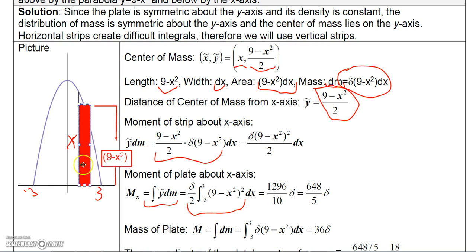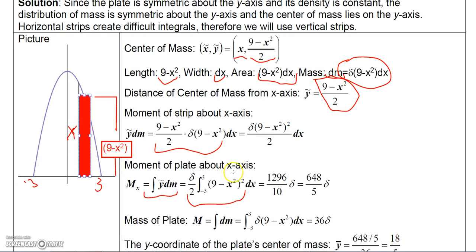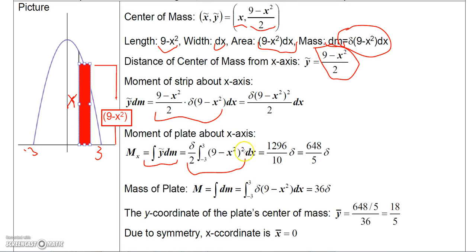So our strips go all the way from negative 3 over to positive 3. Again, I'll leave you to integrate this. Just use the power rule here and then integrate it from negative 3 to 3. I got 1296 over 10 times the density function, and then I reduced that to 648 over 5 times the density function.